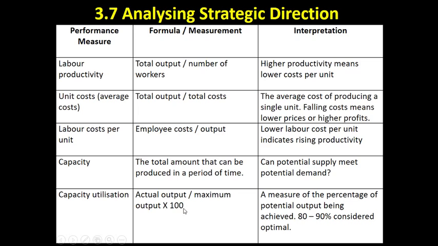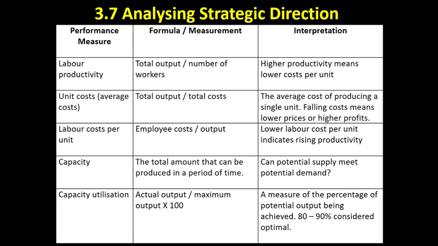as is looking at capacity utilisation. You should remember from AS how to calculate it, and we'd usually consider a capacity utilisation of around 80 to 90% to be optimal. That means we're using most of our resources most of the time, but there is some downtime, so our workers aren't getting completely stressed out, our machines aren't completely overrun, we've got some time to conduct maintenance, and we can deal with non-standard orders.